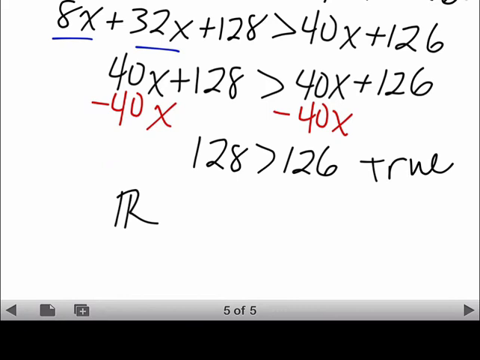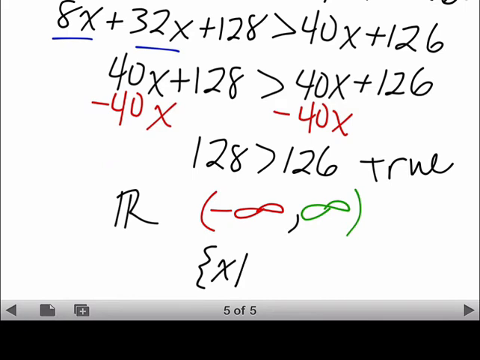Interval notation for all real numbers is negative infinity, comma, infinity. And set notation would be the set of x, because that's the variable we were looking at, such that x, we can say, is a real number, and close that up, but that's not how I'd like to do it.